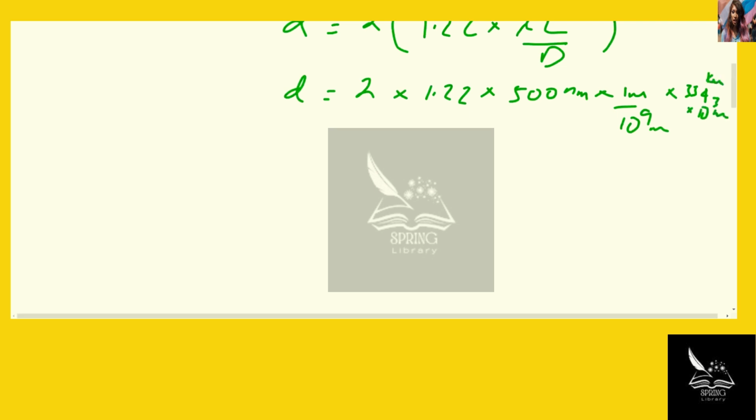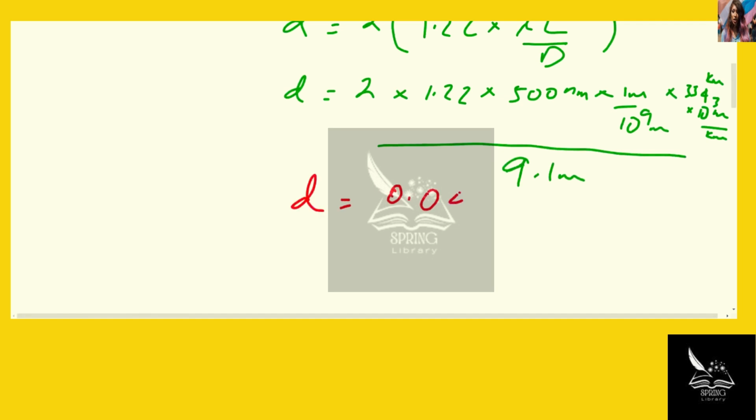This is in kilometers, so we're transforming that into 10 to the 3 meters per kilometer. Then we divide the whole thing by D, and D happens to be 9.1 meters. When we simplify, we see that d is 0.047 meters, or changing it into centimeters, 4.7 centimeters.